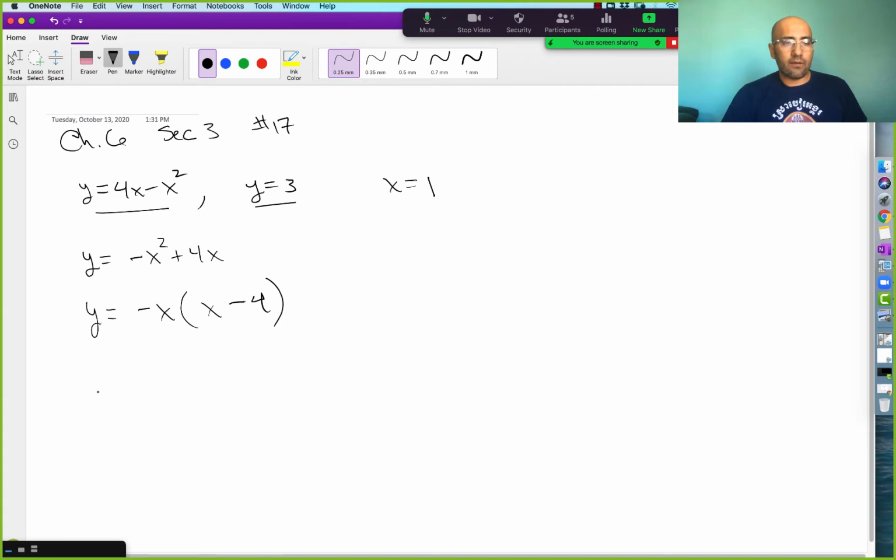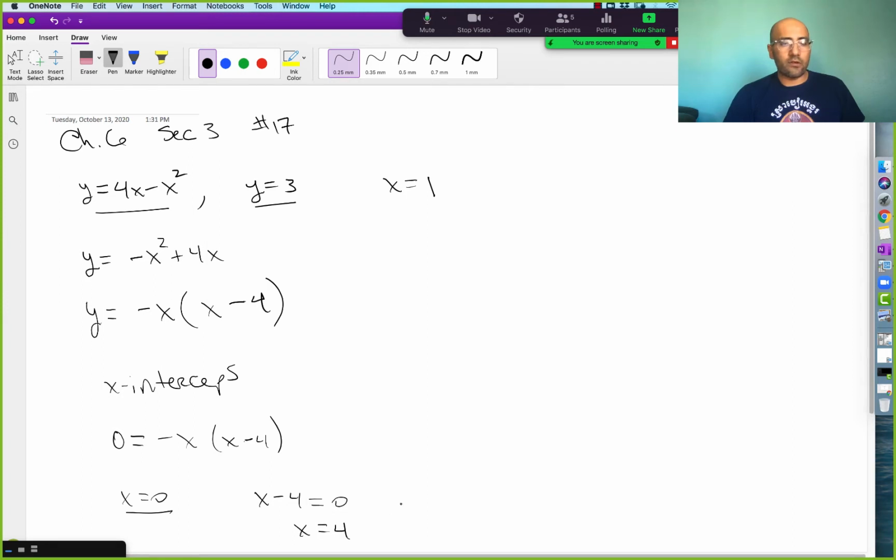If we want to figure out the x intercepts, we have 0 equals negative x times x minus 4. So that means that one of them is at x equals 0. And the other intercept is going to come at x minus 4 equals 0, so x equals 4 is the other intercept point.